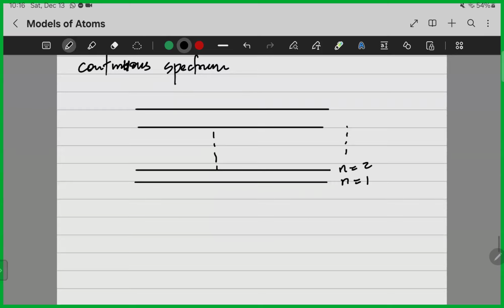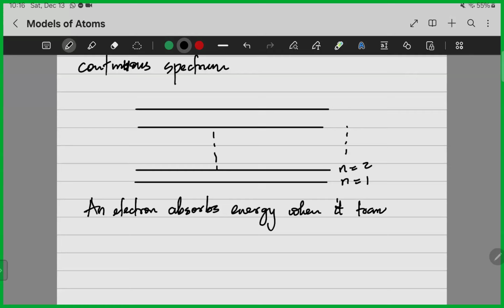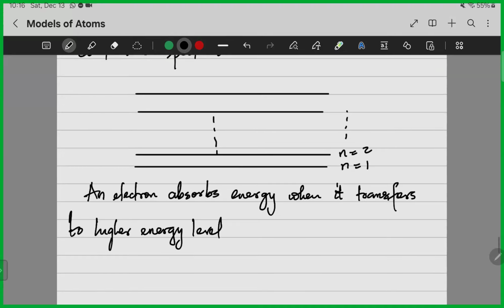So again, we must mention that an electron absorbs energy when it transfers to a higher energy level. I will call this excitation.